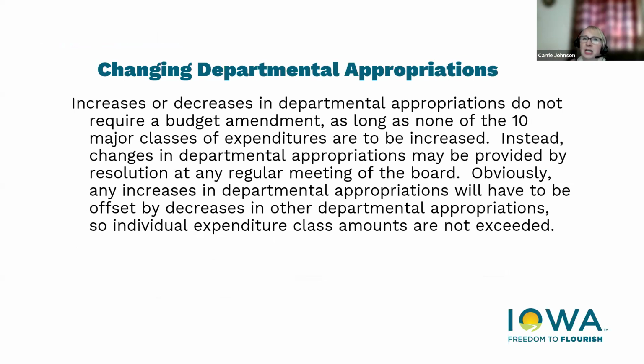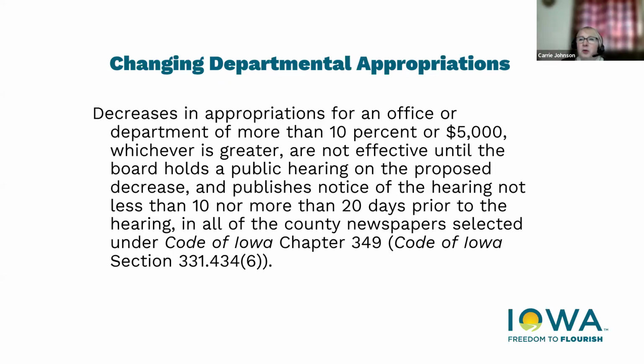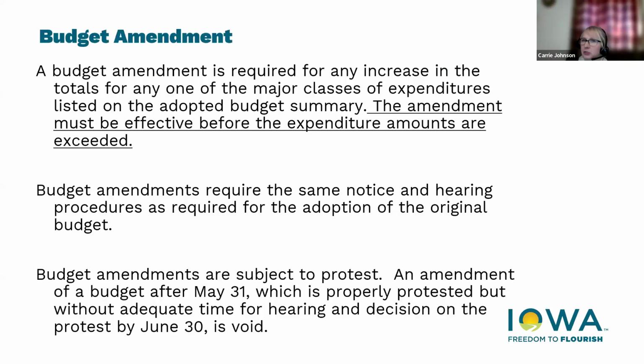Departmental appropriations can be increased or decreased, and that doesn't require a budget amendment unless that's going to push over, in total, that major expenditure class. Department appropriations, if we're talking about decreases, if it's more than 10% or $5,000, they're not effective until there is a public hearing on that reduction. So keep that in mind too, just a couple things about that process.